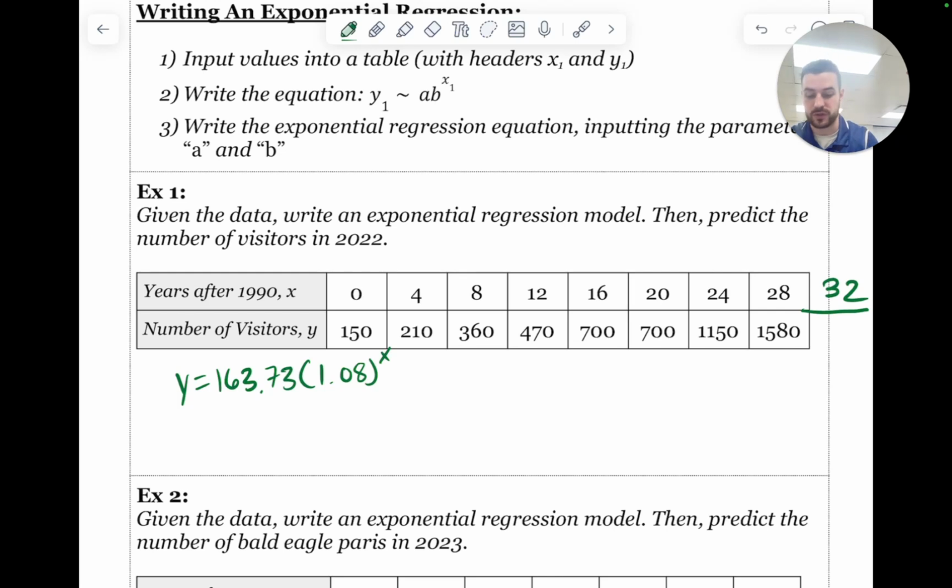So I'm going to use that equation, except I'm now going to plug in an x value of 32. This will tell me my y value, or number of visitors expected or predicted based on our model.